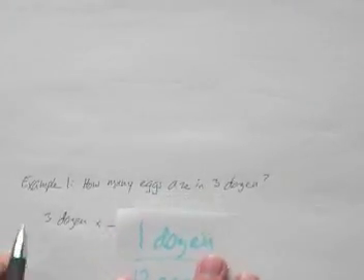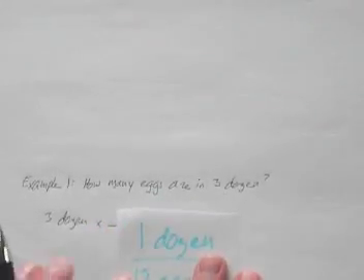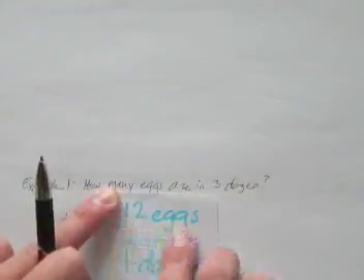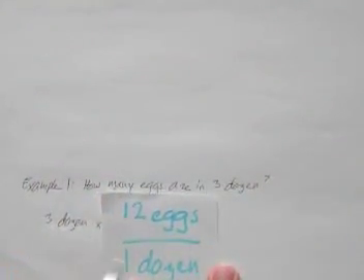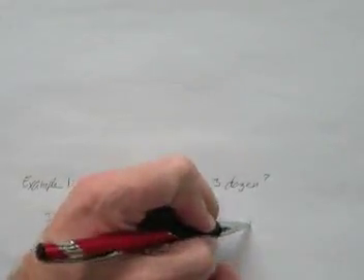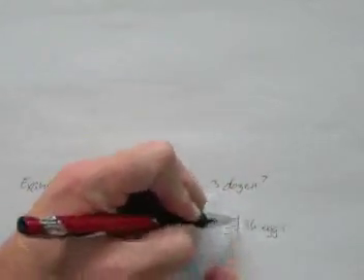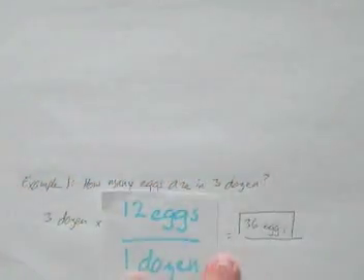That's not what I'm looking for. I'm looking for how many eggs are in this 3 dozen. So the conversion factor I want to use is there's 12 eggs per dozen. My dozen will cancel, and my answer will be 3 times 12 is 36, leaving me with 36 eggs is my answer.